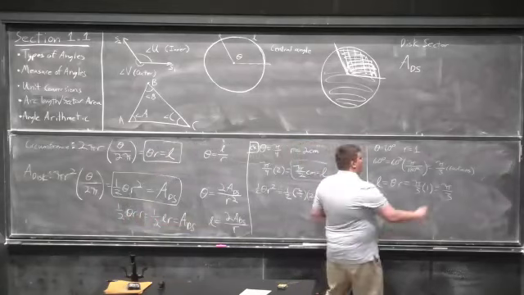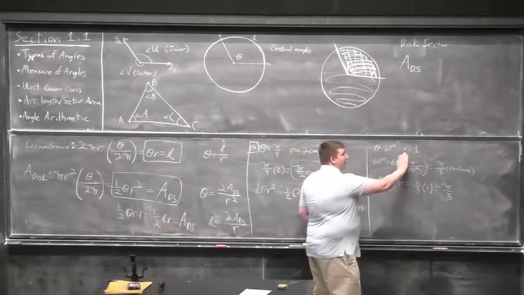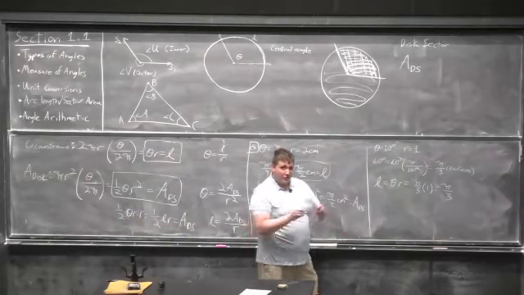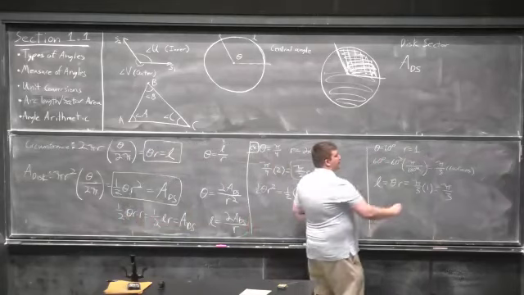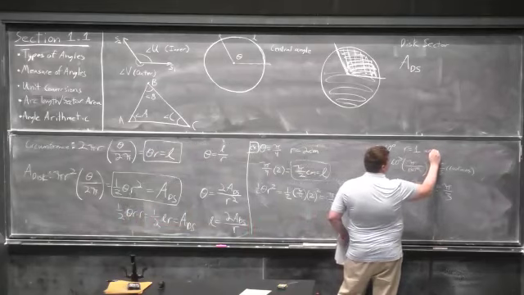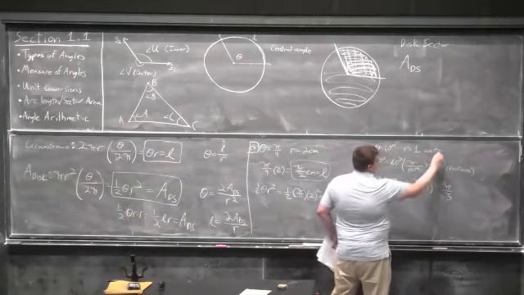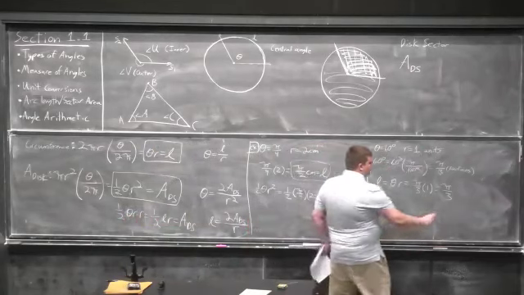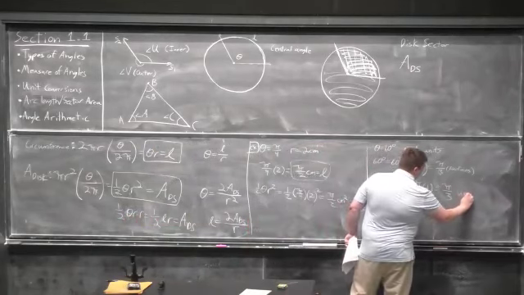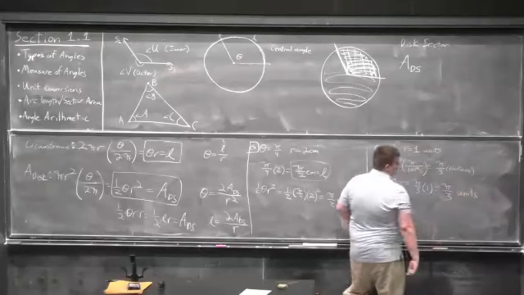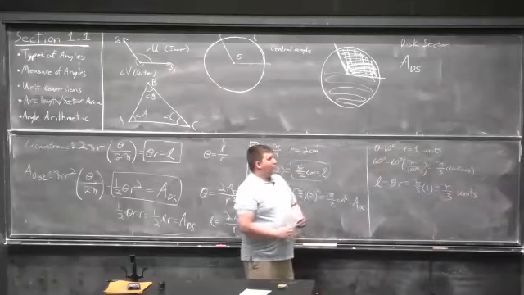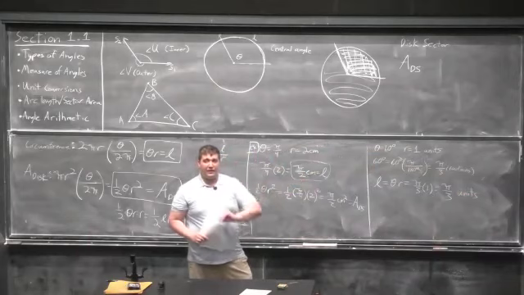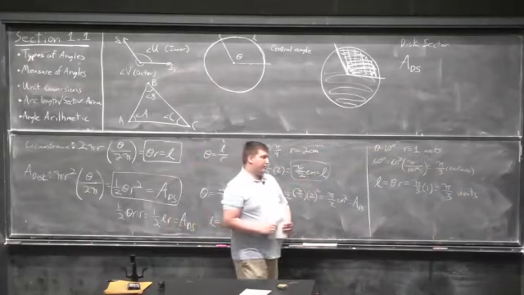Because when I have a length of measure, so not the measure of an angle, but an actual length, it's implied that I have units here. And because I have units here, I must have units here. So I have pi over 3 units for my length.